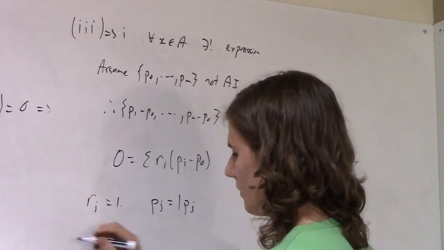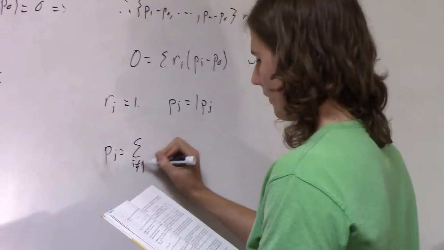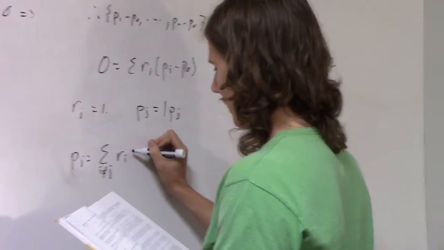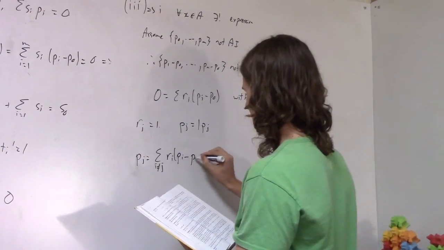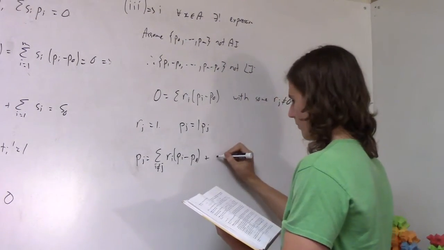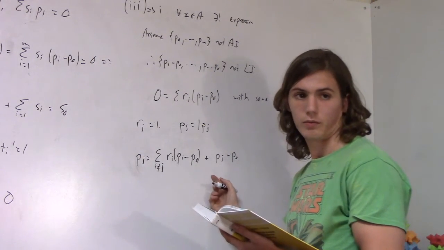Okay, so Pj is equal to the sum, where i is different than j, of Ri times Pi minus P naught, plus Pj minus P naught, because we're assuming that Rj is equal to 1.